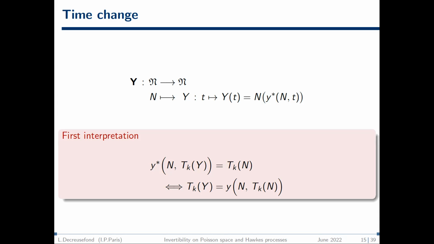You see, there is one problem here for those who know. N has its own filtration, its own history. And now you have changed time in N. So that means Y of t is not adapted to the history of N. It's adapted to another history, which is the filtration of N stopped at Y star. So we'll come to that later, but this is the main difficulty of this stuff.